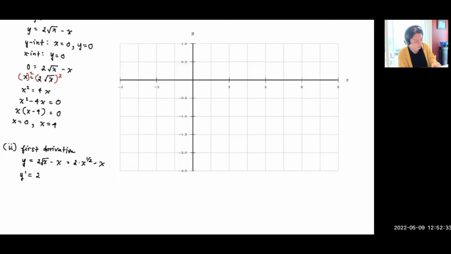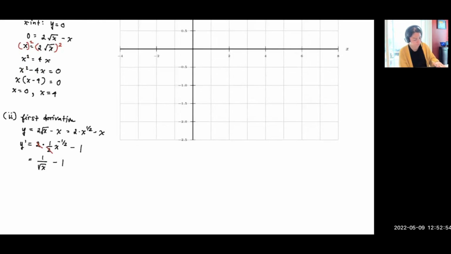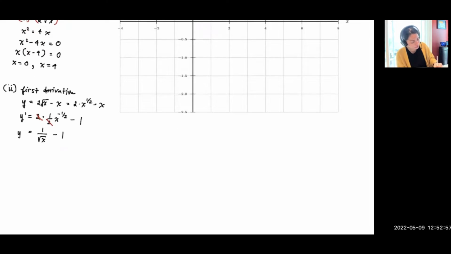We use that so much, right? 2 times 1/2, bring the power down, and then subtract 1 from the power. And just rewriting it nicely, reducing out those 2's, we see that we get 1 over the square root of x, minus 1.